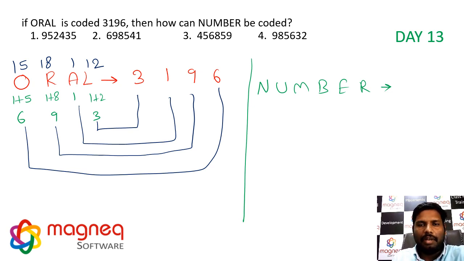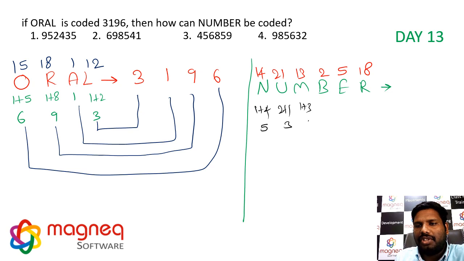Let us convert into numbers and add two digits, and reverse. So given N value 14, U 21, M 13, B 2, E 5 and R 18. So addition: 1 plus 4, 5. 2 plus 1, 3. 1 plus 3, 4. 2. 5. 1 plus 8, 9.